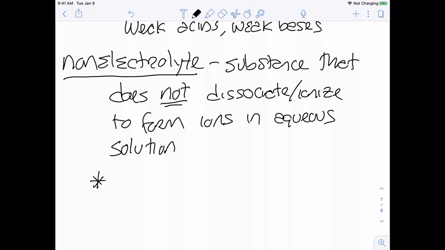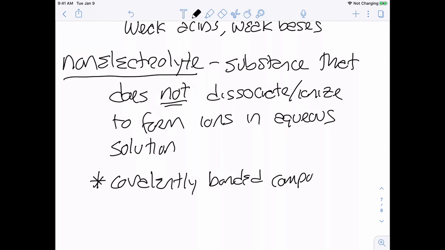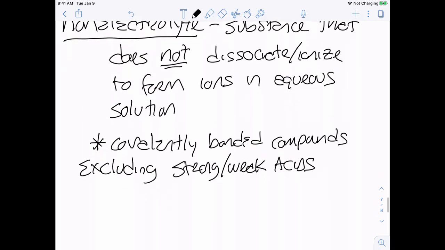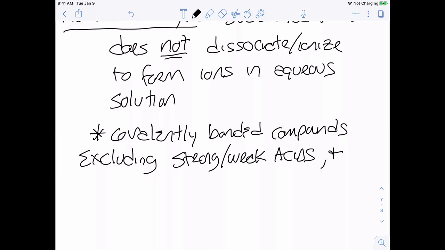Non-electrolytes are going to include covalently bonded compounds, but we do need to exclude our acids and our weak bases. So excluding strong and weak acids and our weak bases.